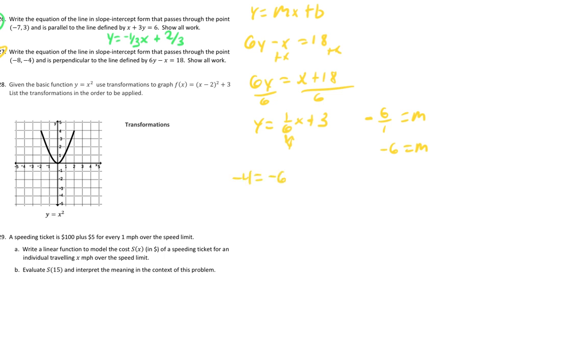Negative 4 is equal to negative 6 times negative 8 plus b. Negative 4 is equal to 48 plus b. Subtract 48 on both sides. Negative 52 equals b. So y is equal to negative 6x minus 52.